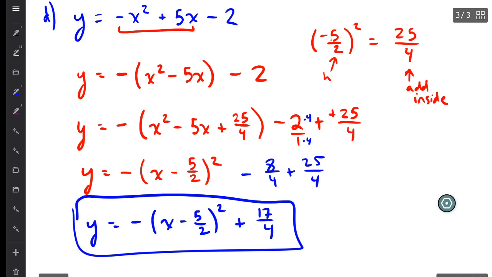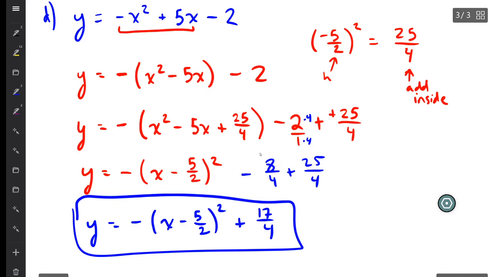That number when I divide by 2 is the h. Then I'm going to add this inside, so plus 25/4. Then I'm going to subtract outside, but I need to make sure to multiply by the a first. So I had minus negative 25/4, which turned positive. Then here inside, this was my h, so I do x minus that h squared.